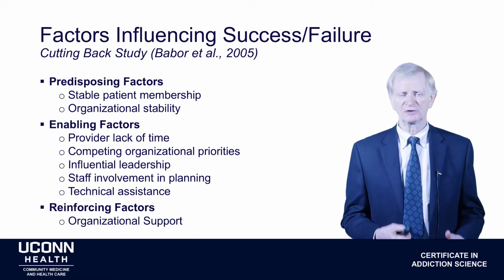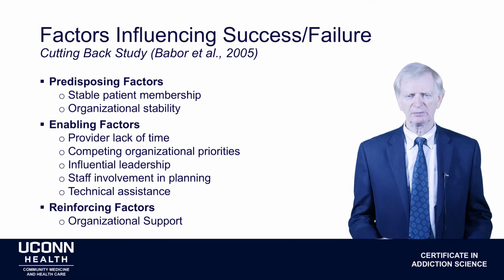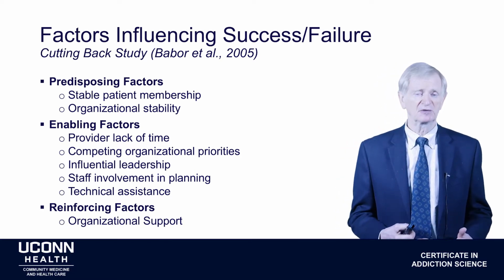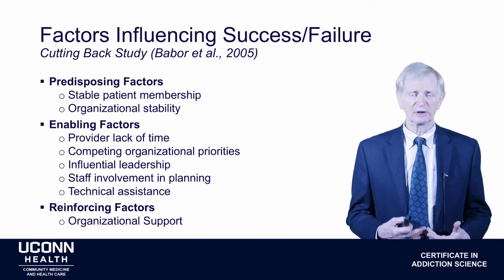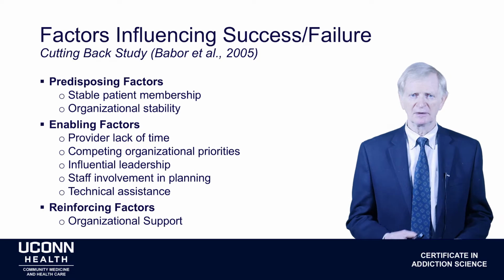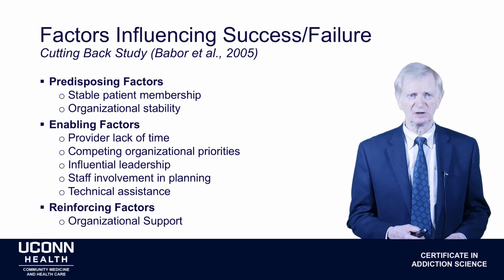And if there was a champion in the clinic, somebody who was really interested in alcohol to the extent that they really were committed to getting this program implemented, then it was more likely to succeed.